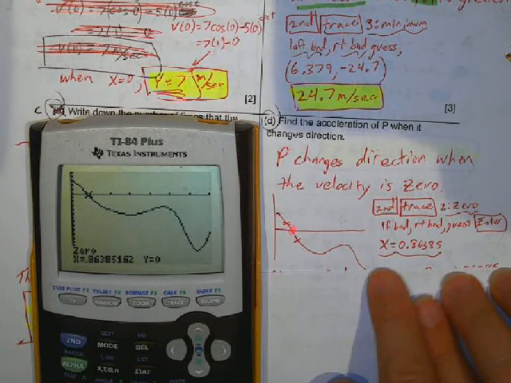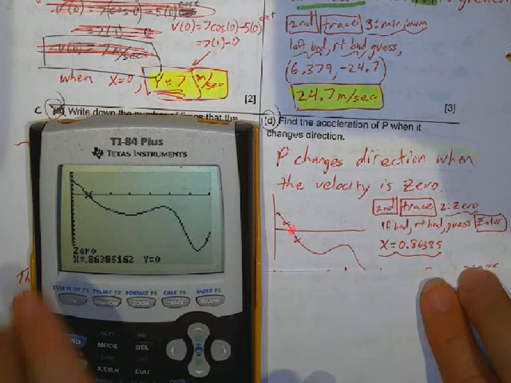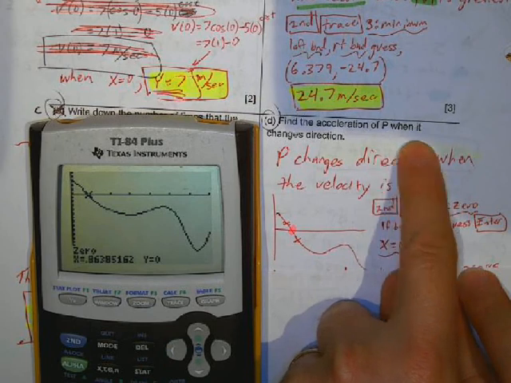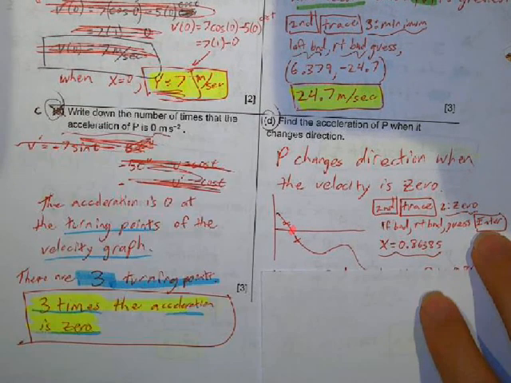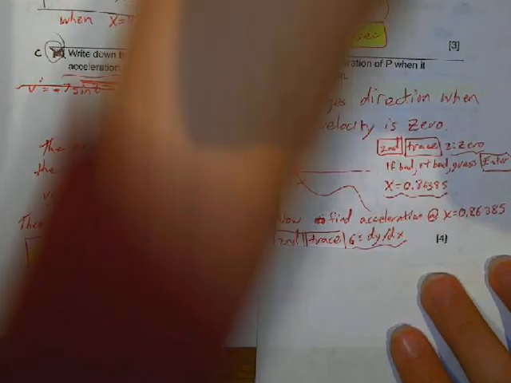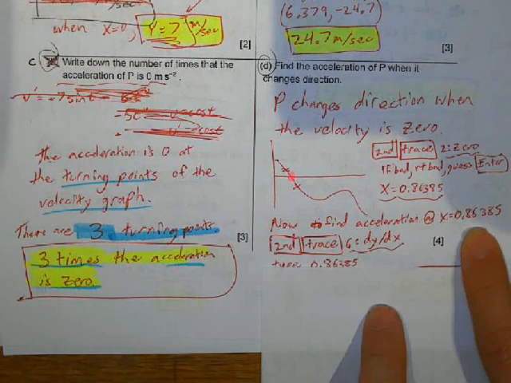Okay. Now, we're not done yet. We're trying to find the acceleration of p when it changes direction. So now, to find the acceleration at this value, I need to take the derivative at this value.